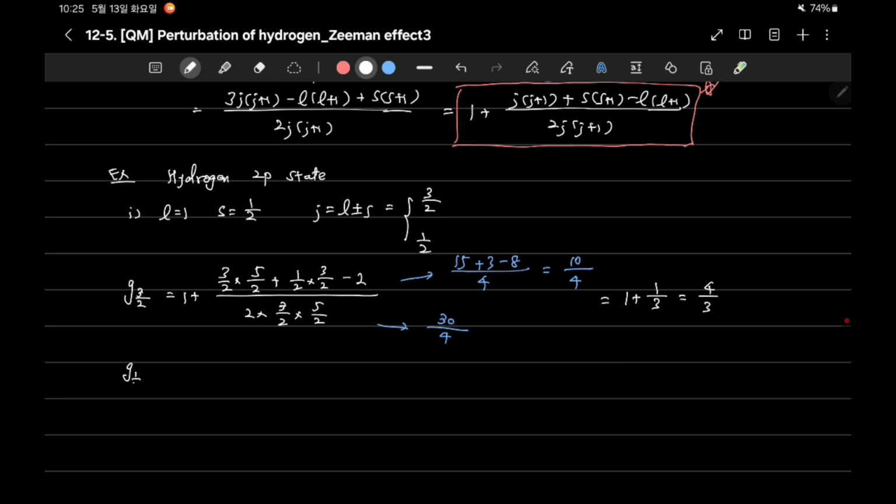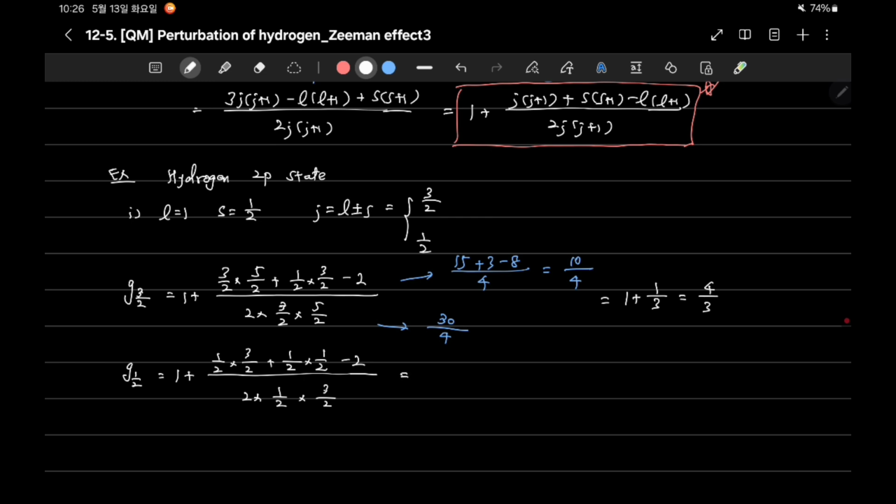In the other case, the J equal to 1/2 case, it is 1 plus J times J plus 1, 1/2 times 3/2, plus S times S plus 1, 1/2 times 3/2, minus L times L plus 1, which is 2, and also 2 times 1/2 times 3/2.